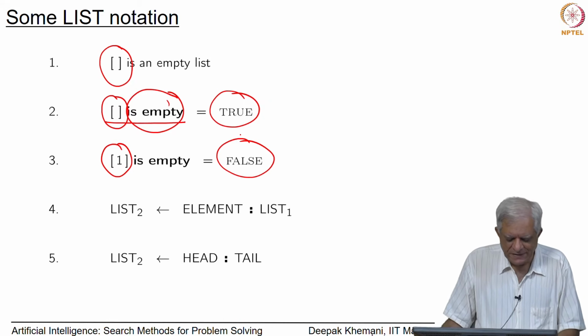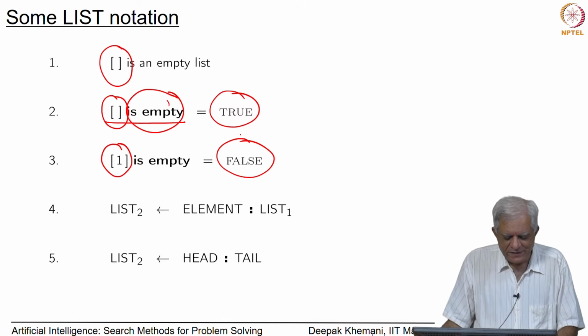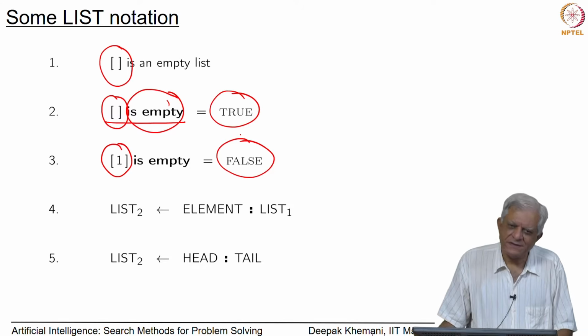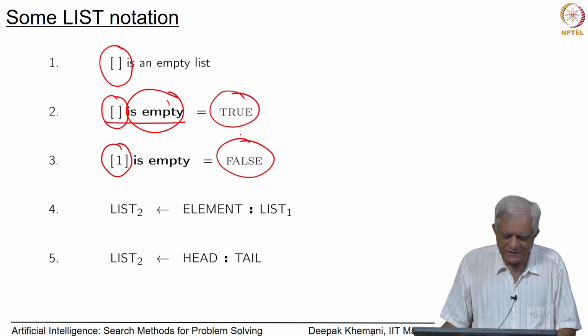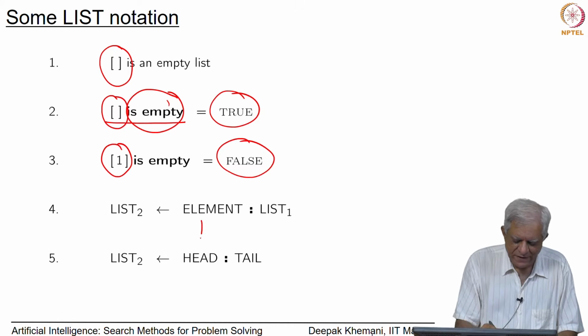Now, how do we build lists and manipulate lists? We can define lists as made up of an element which is the head of the list, as you can see in both these statements, and the rest of the list which is the tail of the list.